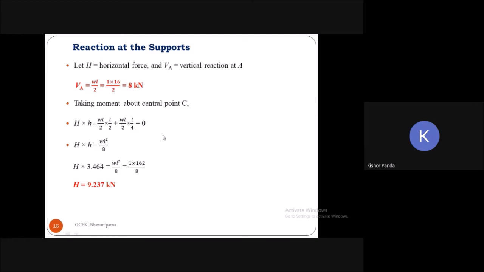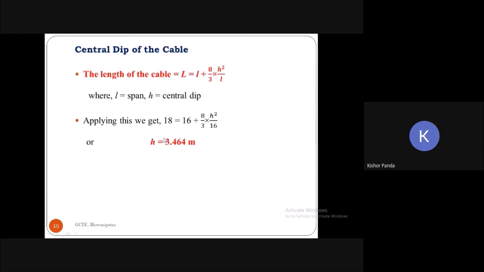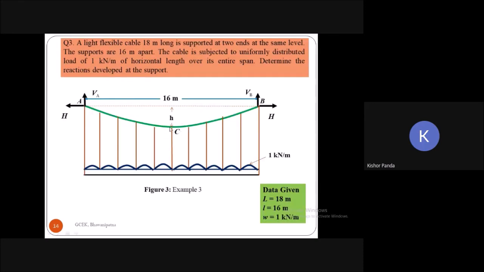Then for the horizontal thrust, take the moment about the central point. So here you take the moment due to this vertical reaction VA into 8 meter, and this is horizontal thrust H into small h, and due to this UDL, what is the moment about the point C?